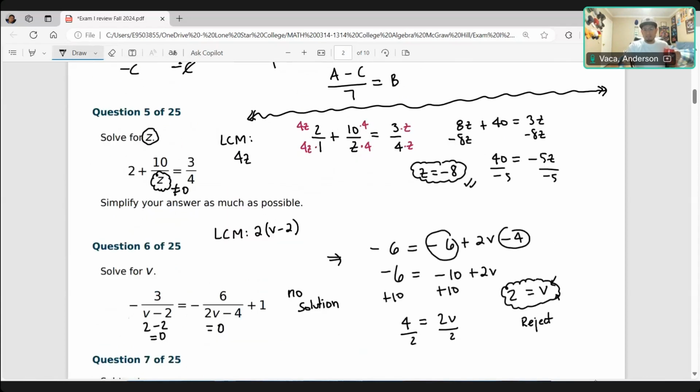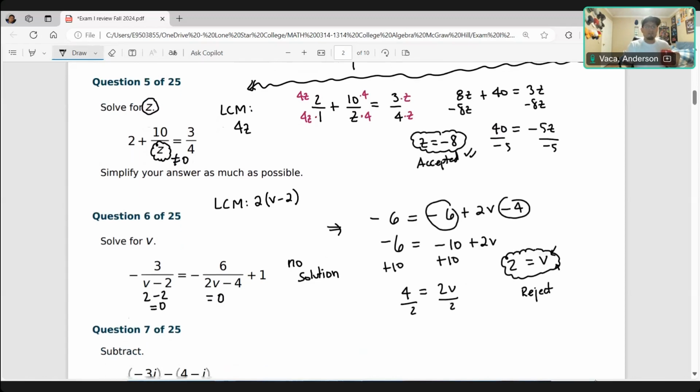We found that the answer for this example was negative 8, but negative 8 does not make this denominator equal to 0. So it was accepted. In this particular example, we found that v was equal to 2, but when we checked, it makes this denominator equal to 0. Even worse, it makes this one also equal to 0. It must be rejected, and unfortunately, we have no solution.